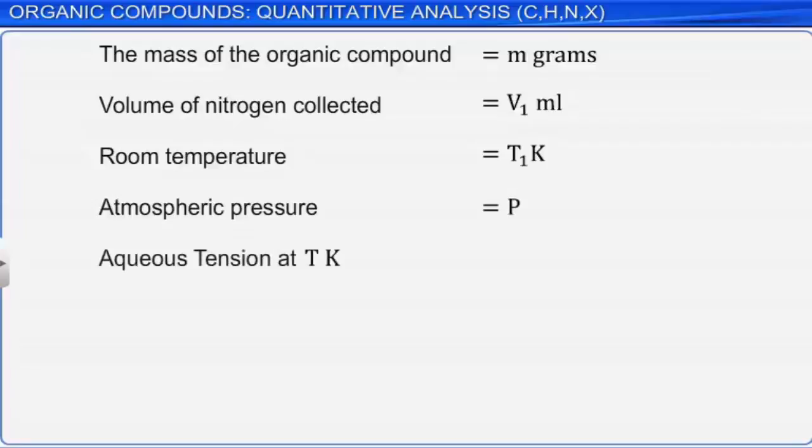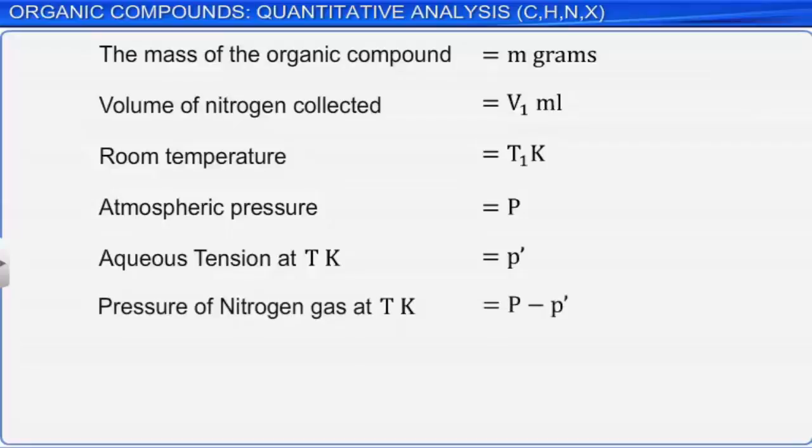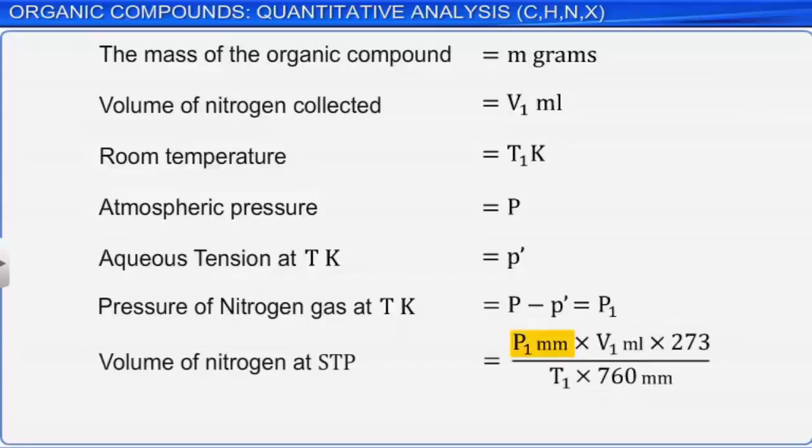Then the pressure of nitrogen gas at T Kelvin is atmospheric pressure P minus aqueous tension P dash. Let this be equal to P1. Then, the volume of nitrogen at STP is equal to P1 mm multiplied by V1 ml multiplied by 273 Kelvin divided by the product of T1 Kelvin and 760 mm.